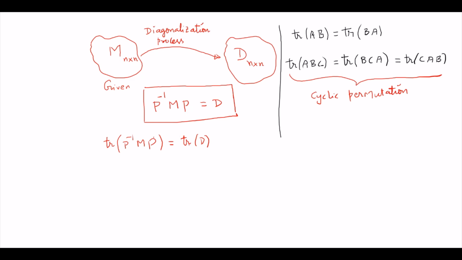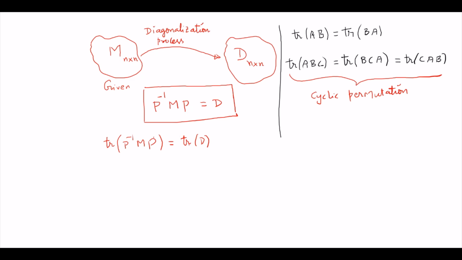These properties are true only in finite dimensional representations of a matrix. If we want to apply them to infinite dimensional matrices, sorry, these properties will not hold true there. So these two properties are only applicable for finite dimensional matrix representation.